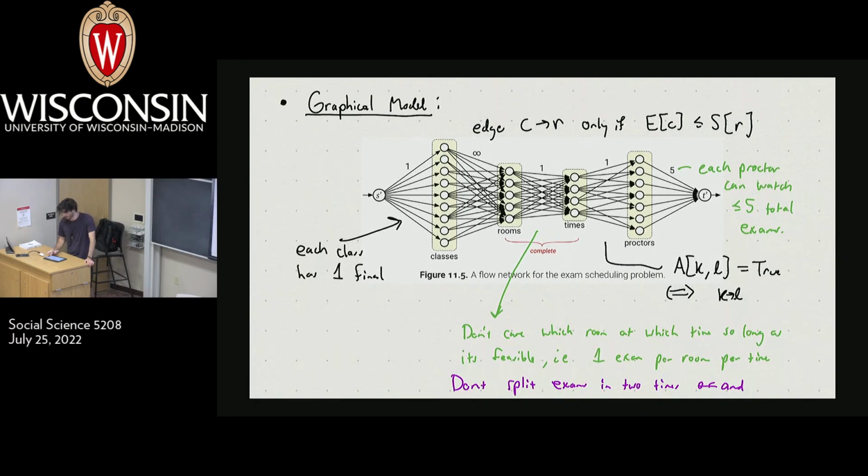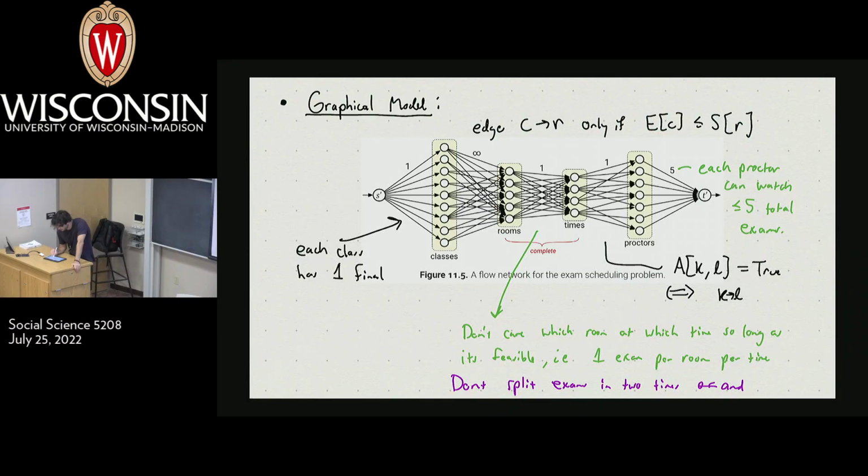So this is the full graphical model of this problem. So we've picked our resources from left to right, and we designed the capacities and the edges to represent our restrictions in the problem. So each of these edges, whether they exist or not, and the particular capacity we give it, are modeling some aspect of the problem. So to summarize, this is a 1 because each class has one final. For each class, you need to pick a room for the final. We don't care which room, so long as the room's big enough.